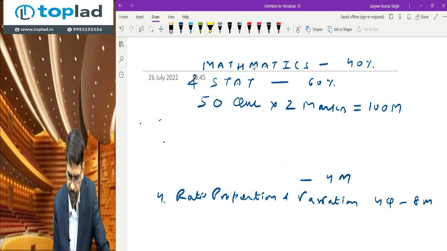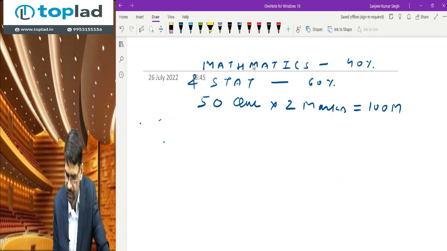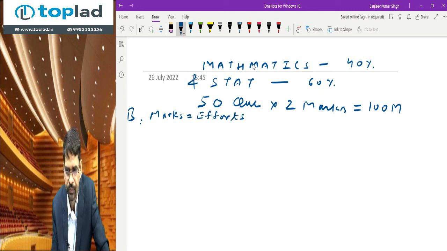B category means your marks and your efforts are equal.